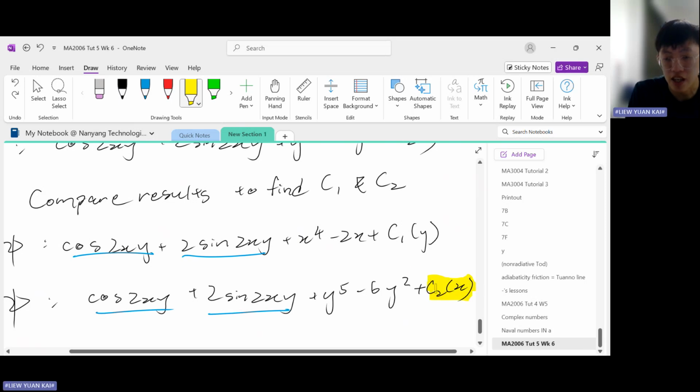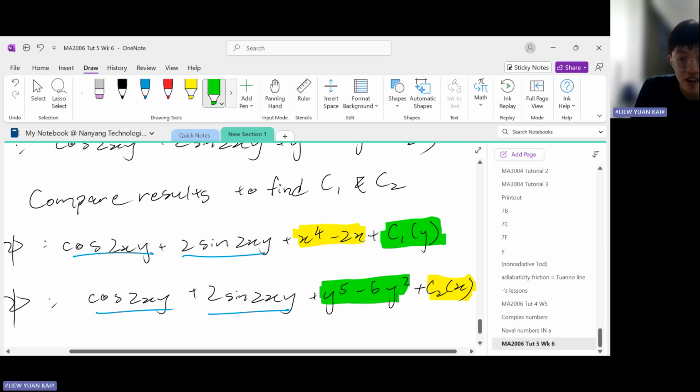Take a look at this. C2 is said to be a function of x. Do you notice that this is also a function of x? Everything in here is just in terms of x. Likewise, C1 is said to be a function of y. Do you notice that these terms are a function of y? It's y to the power of 5 minus 6y squared.